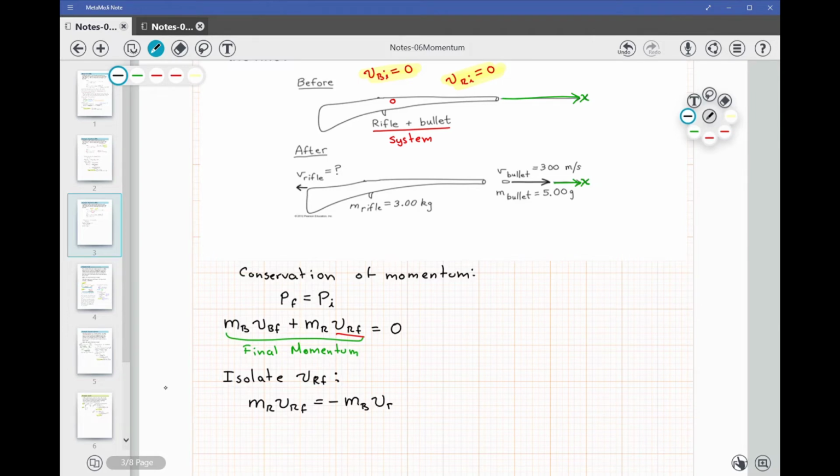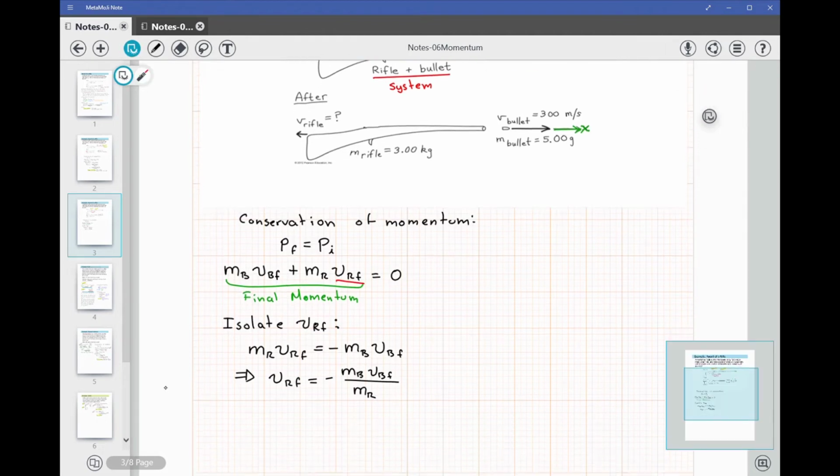On the left it's positive, it will go as negative to the right, and then we divide by the mass of the rifle, which is multiplying the velocity of the rifle on the left side. It will go dividing to the right side. And then all we have to do is substitute values.